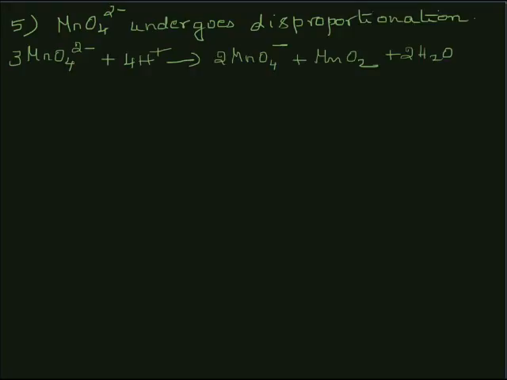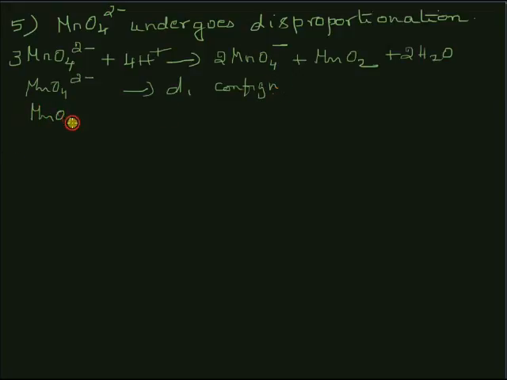In MnO4 2-, Mn exists in +6 oxidation state. Remember, the atom has a configuration of 4s2 3d5. So for +6 state, it will be left with just one electron in the d level. It will have d1 configuration. I would write it like this. MnO4 2- has d1 configuration. You know this is highly unstable.